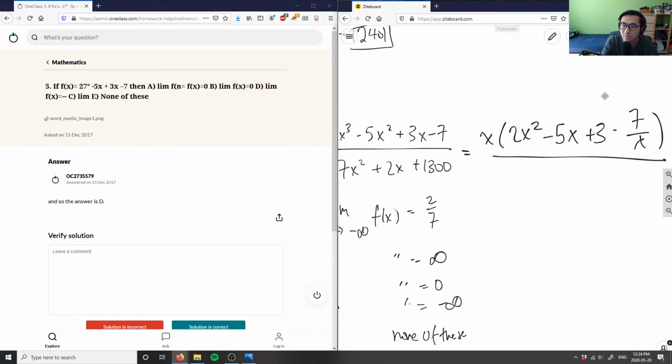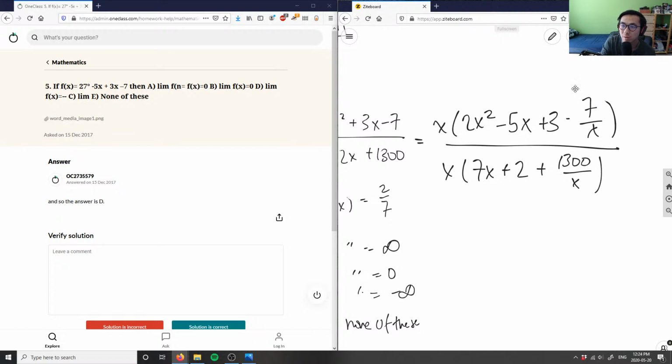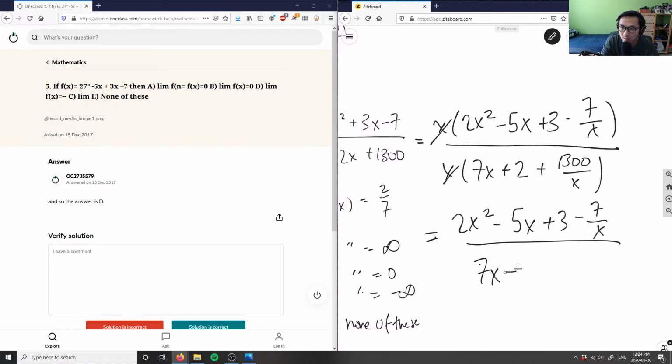And then I can factor out x again from this side, which will get me 7x plus 2 plus 1300 over x. This would help me because these x's cancel out, right? So this might put me on the right track here. We get 2x squared minus 5x plus 3 minus 7 over x, all over 7x plus 2 plus 1300 over x.